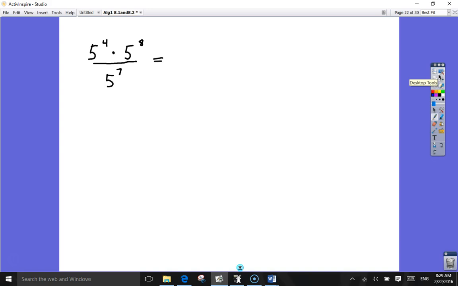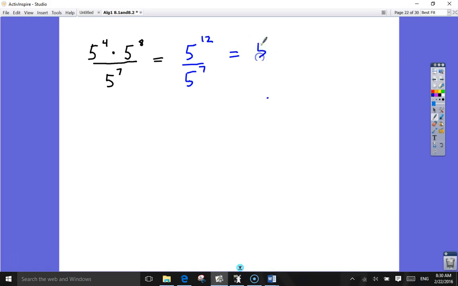All right, how about that one? Looks like there's more than one thing to do here, right? How do you simplify the numerator? 5 to the 4th times 5 to the 8th. Add the exponents, right? So that's 5 to the 12th. And you still got to divide by 5 to the 7th. So then you subtract, right?